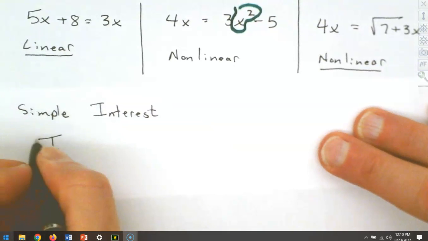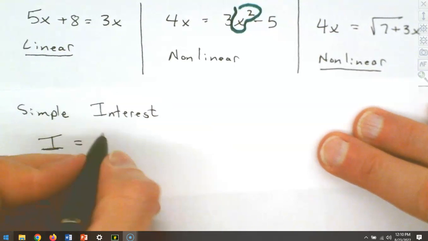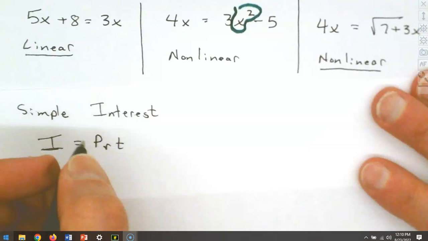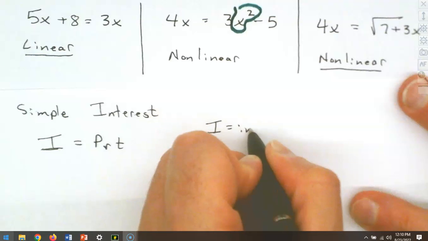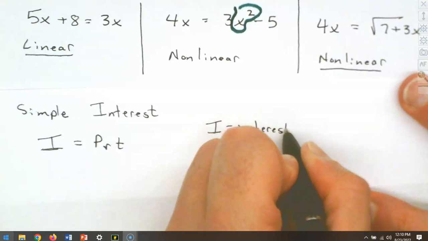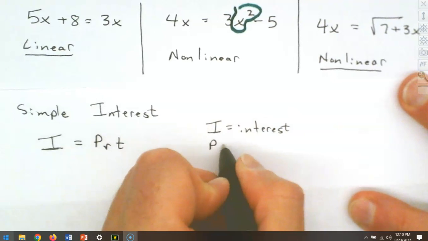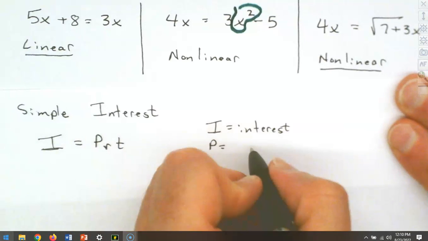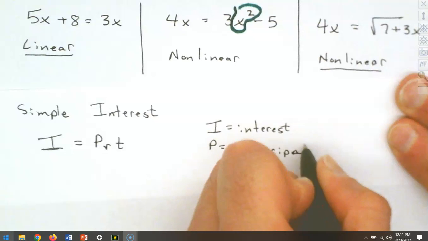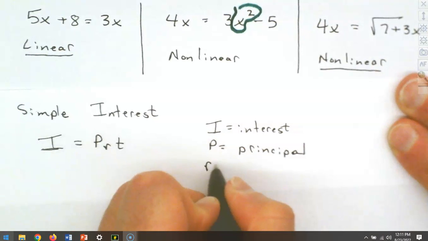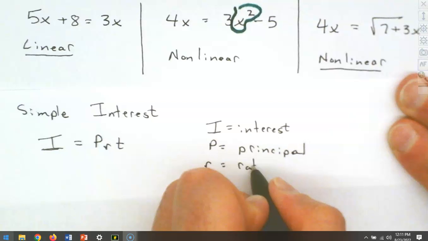And simple interest has this formula. I equals PRT. I is the interest. P is the principal, or the starting amount. R is going to be the rate as a decimal.